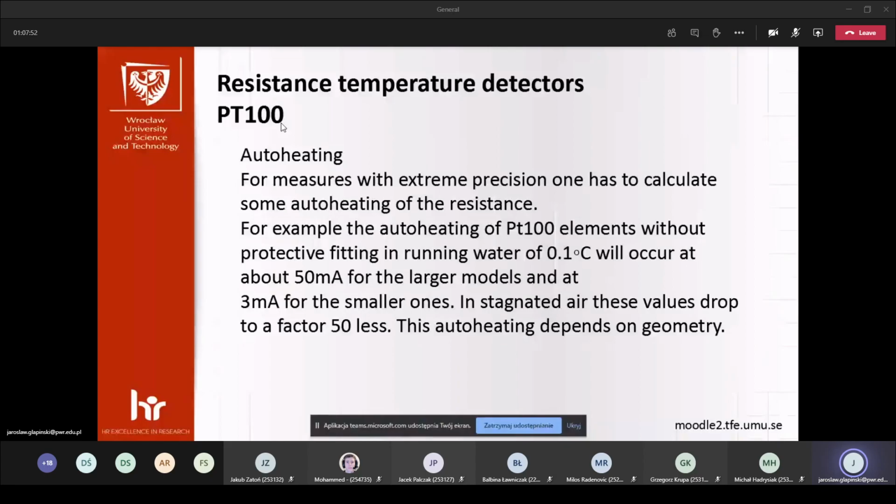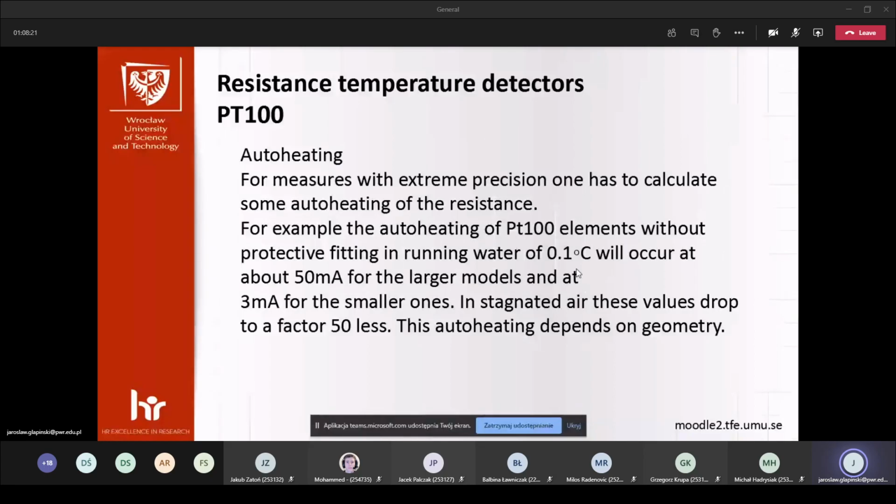So generally, with the PT100 we can make a system that can measure the temperature, for example, up to 0.1 Celsius degree.